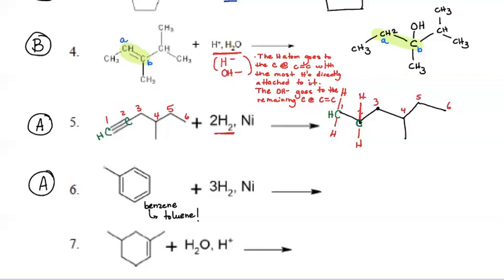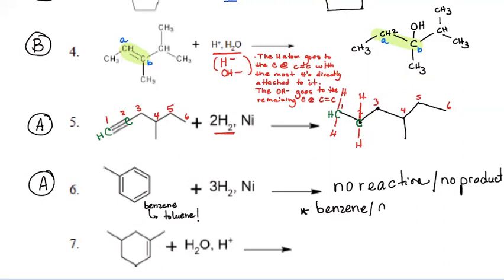I'm just saying, if you put benzene and hydrogenate it, you will have no reaction. In other words, no product. Simply by the fact that benzene and aromatic compounds do not react like alkenes.